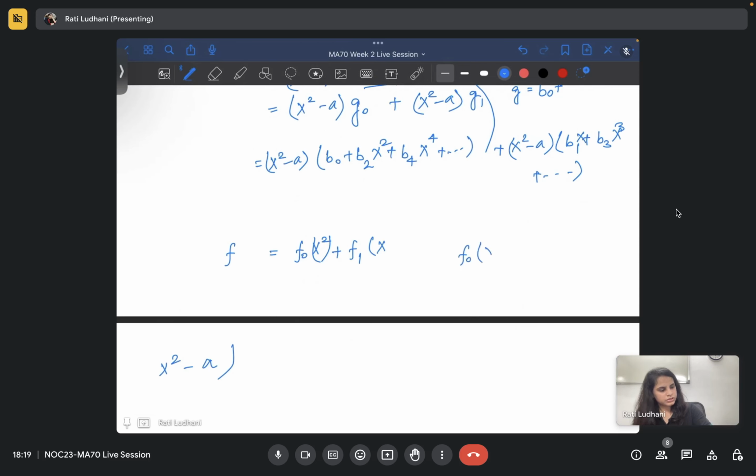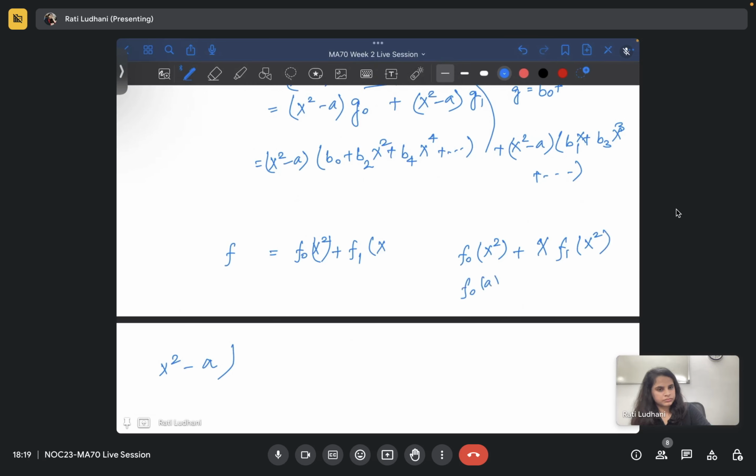Similarly, you can say this, right? x plus f1. Now by dividing by x square minus a, that means x square is the same as a. So a is a zero of polynomial f.